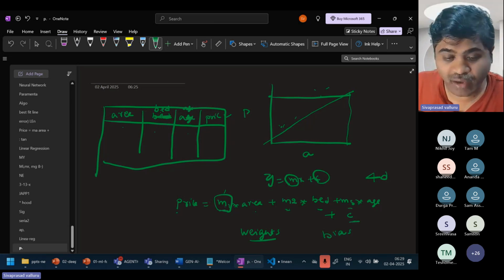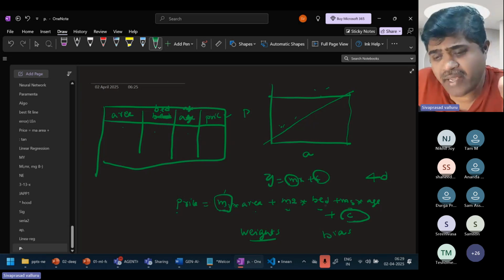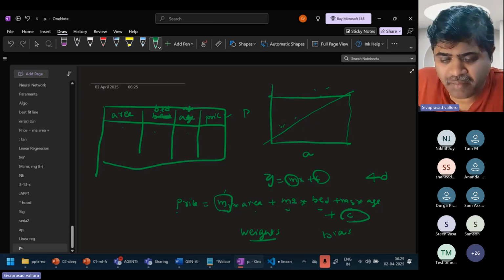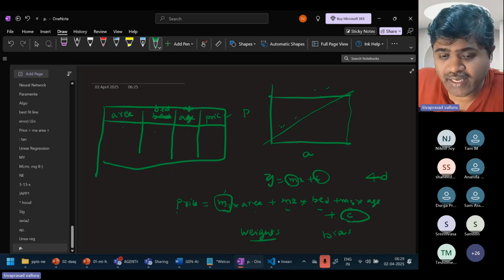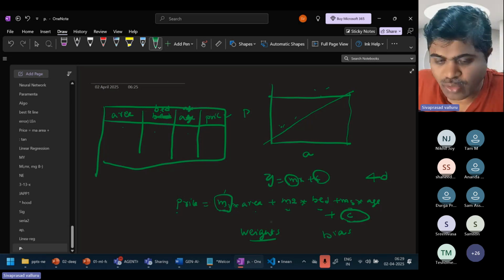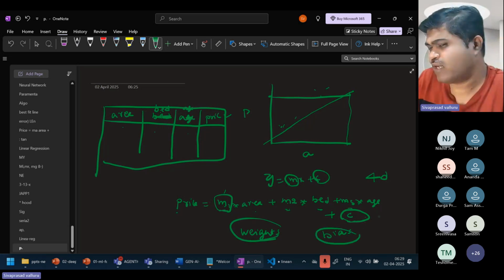That means when all the weights are zero, there will be some base price. When M1, M2, M3 are zero, this C is nothing but some base price. We call it a bias. So in linear regression, we understood how to find the weights and biases. Fine, so that's about linear regression.